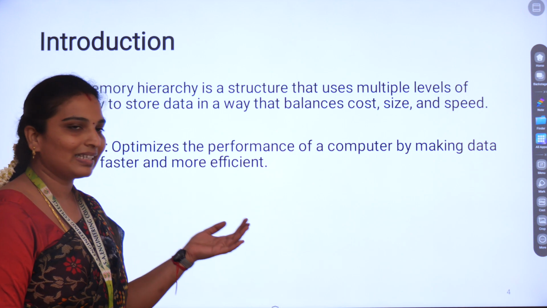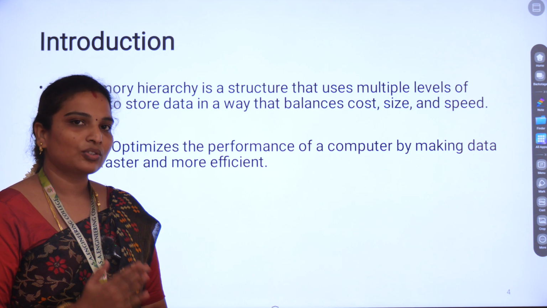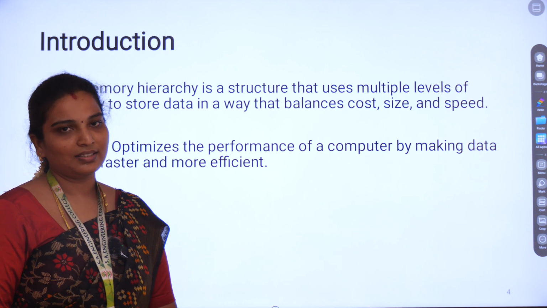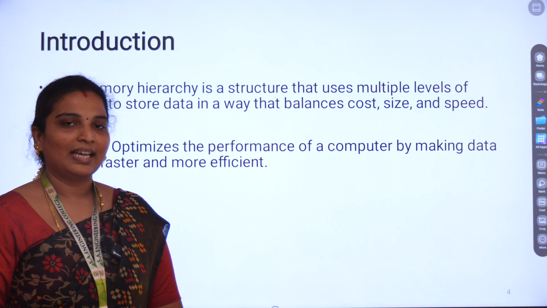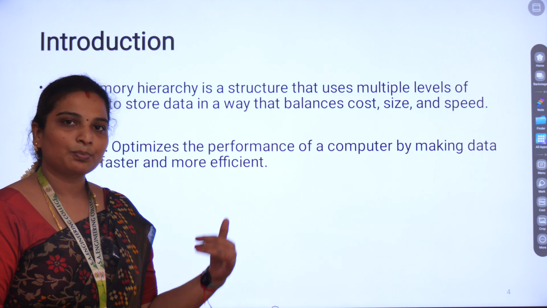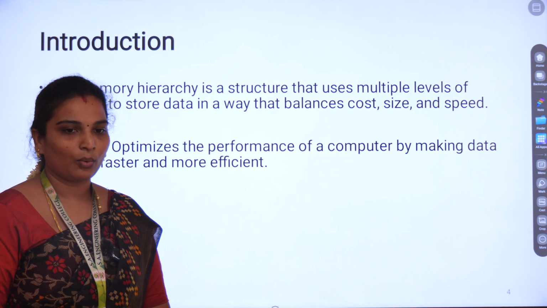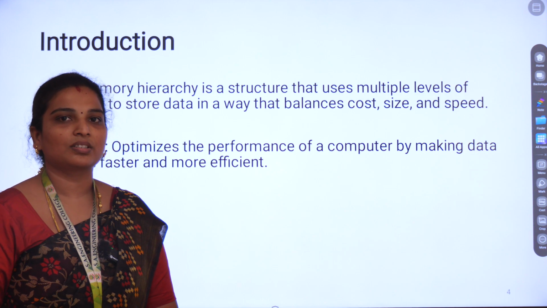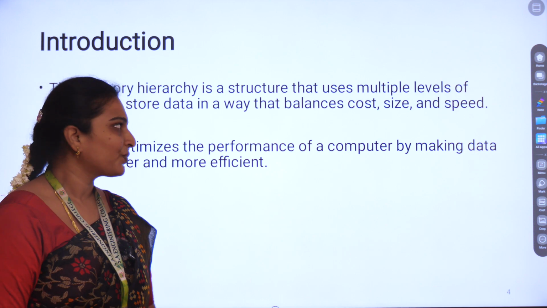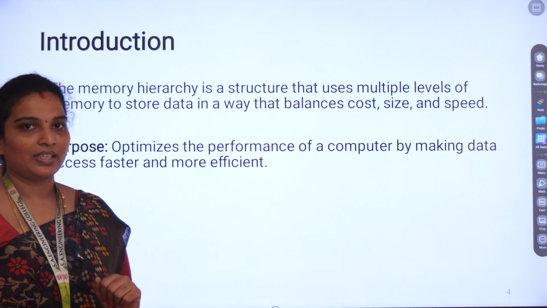It should not be a tedious process. If you have stored the data in a correct manner, then the data access will also be simple. The CPU is responsible for looking into where the data gets stored and how it is accessed. All these operations are controlled by the CPU. So this is the introduction for memory hierarchy.